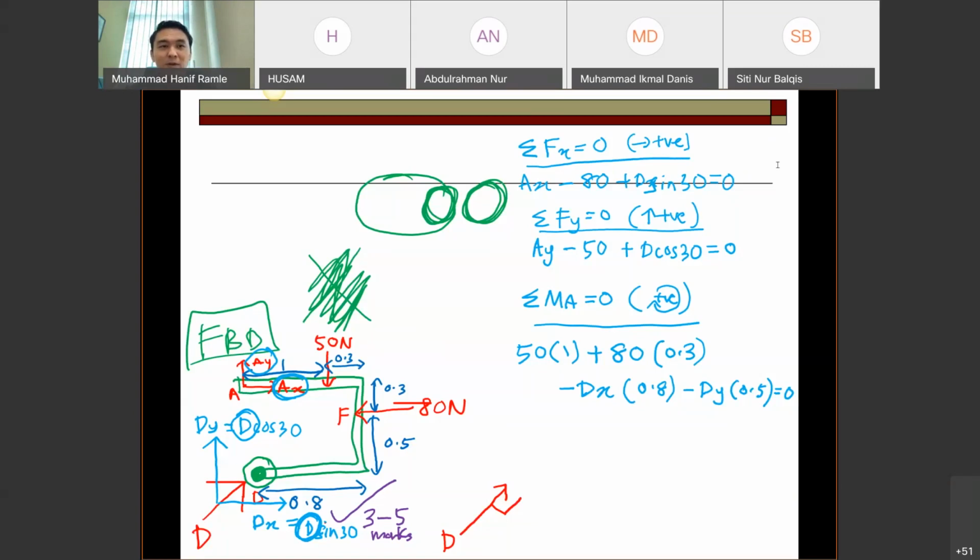The first one that you mentioned is the sign of 80 Newton. There is another one actually. Which one? Dx, correct. So it should be d only. No need to put dx, dy. Put d only. I intentionally did this because I want to check your understanding.